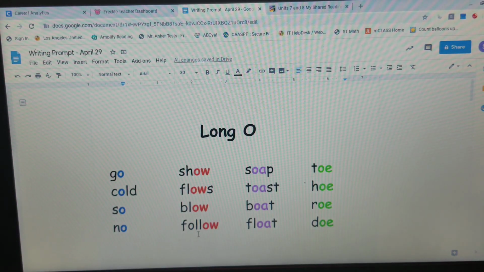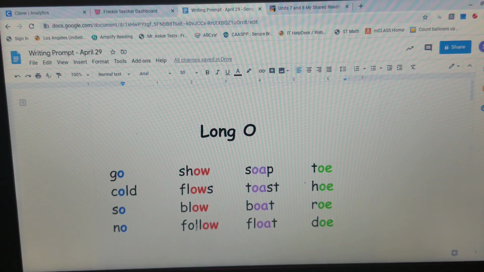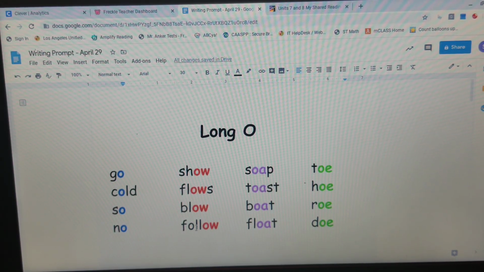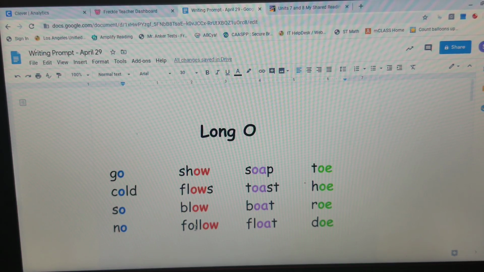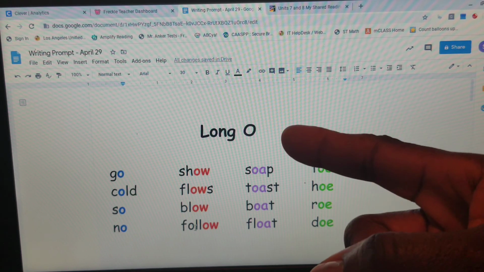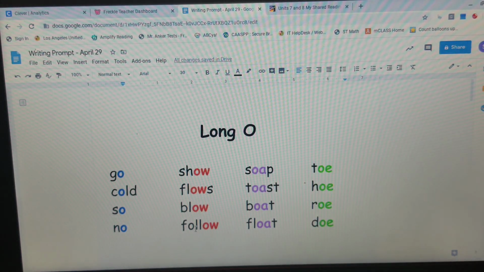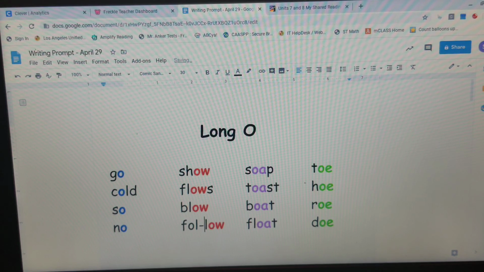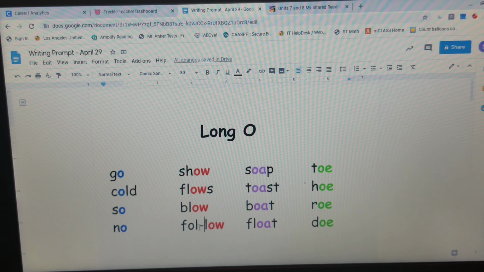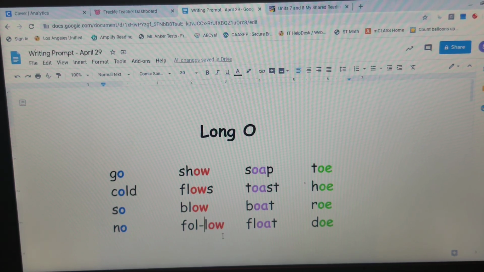And when we double a consonant, we can break up the word and see how many parts it has. Follow has 2 parts. Follow. We would break it up here to show the syllables. Okay? So follow has 2 syllables. Follow. And that OW, of course, is saying O.